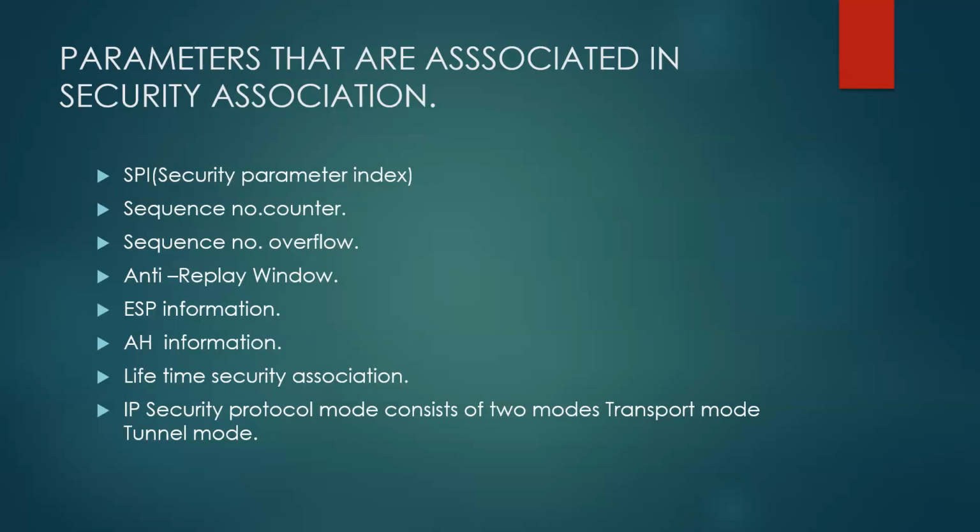And next we move to IP security protocol mode. It consists of two modes, called transport mode and tunnel mode, which determine in which mode IP security is executed. And these are the parameters associated with security association.